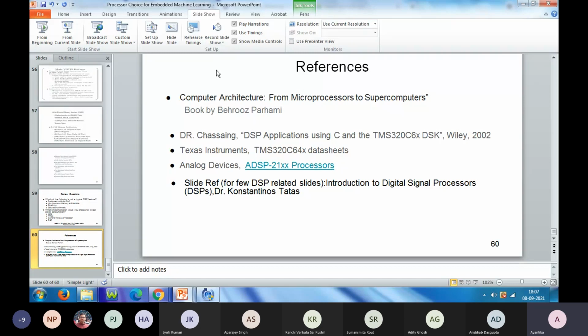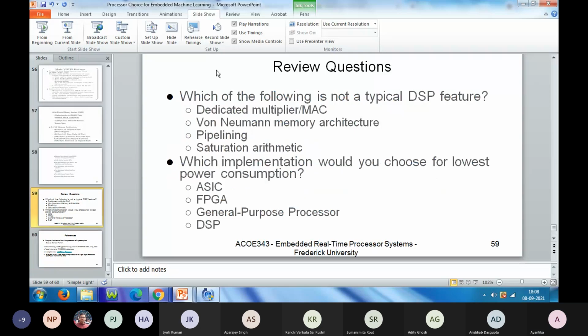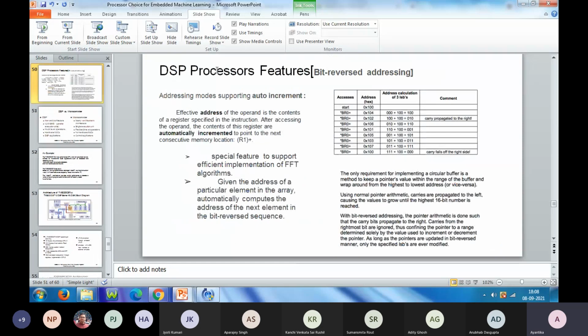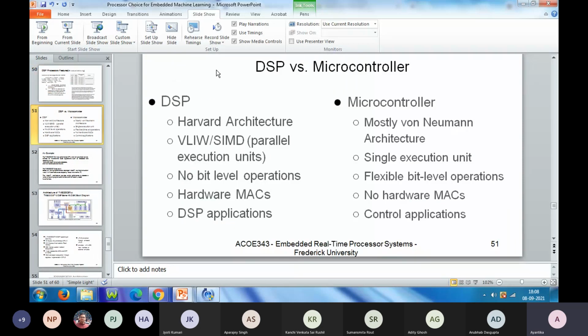Whenever you have any doubt about these processor related structures, the ring-like representation or bit reversing is very specific to DSP. But for other topics like cache and pipelining, if you have any doubt, you can refer to this. It's very helpful. If you have any question, maybe next day also, you can ask me. This part is self-explanatory, you can go by your own.